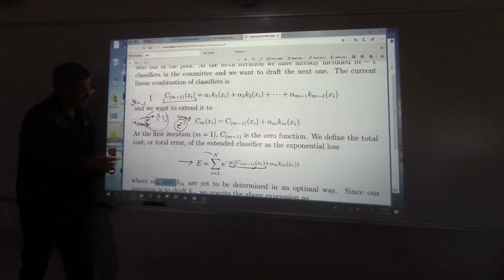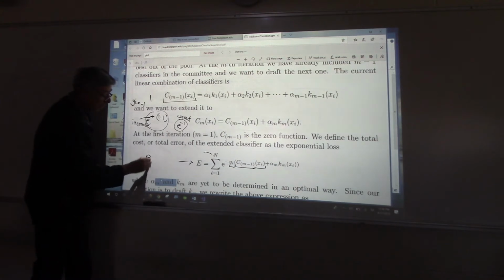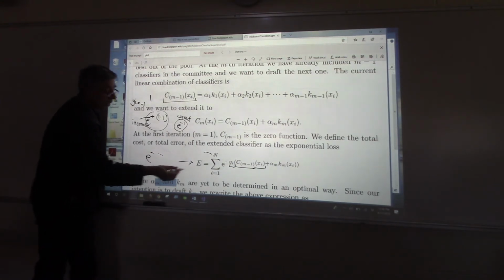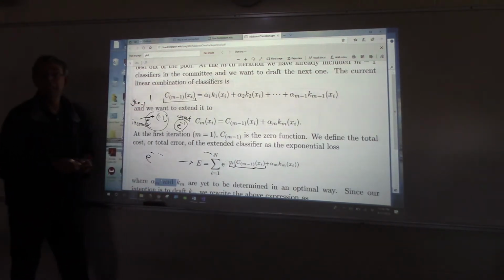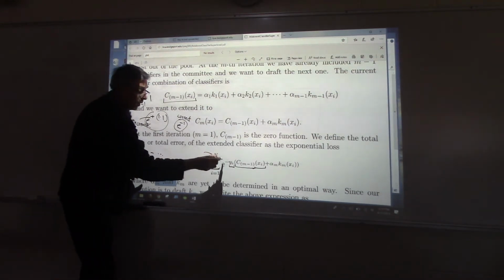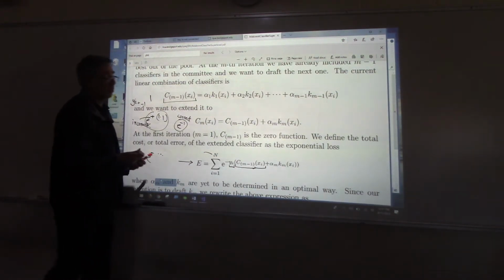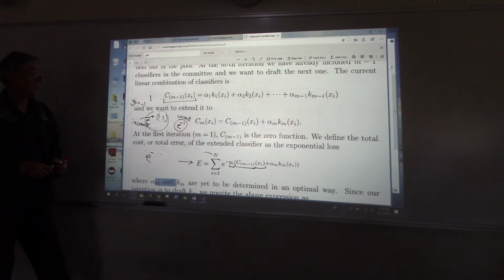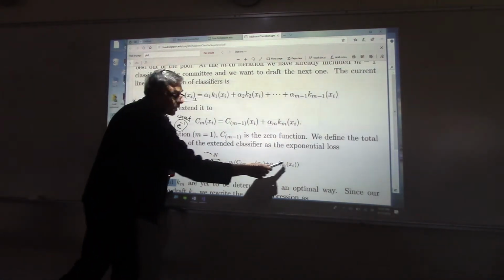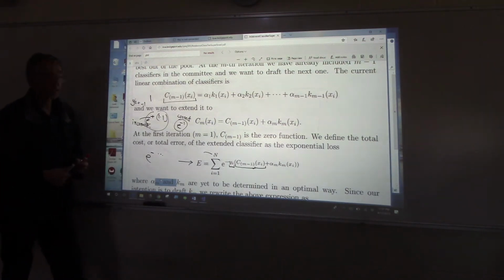If it matches, the exponent will always be a negative number. If it doesn't match, the whole exponent will be a positive number. But we haven't been considering the right side yet, the next classifier.